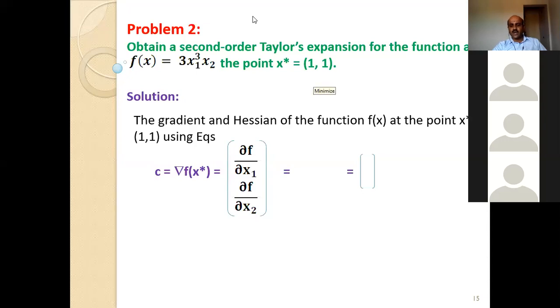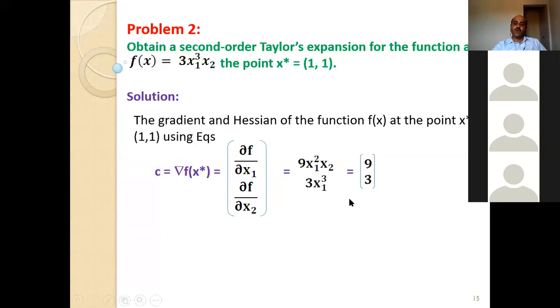Substitute x1 as 1 and x2 as 1. Put it in the matrix notation. 9? Yes, sir. 9 and 3. Yeah, 9 and 3.